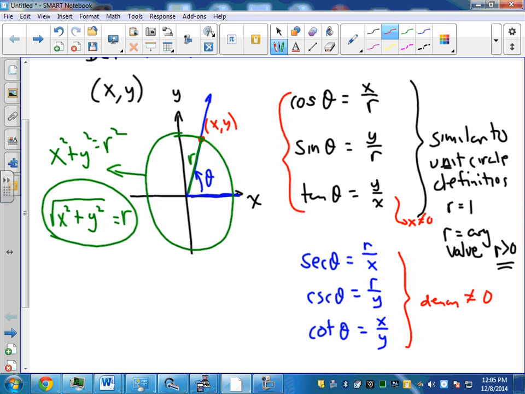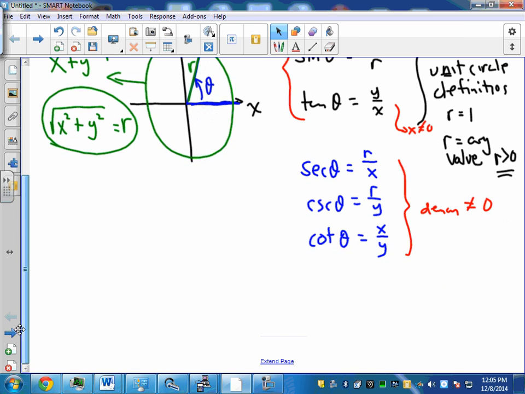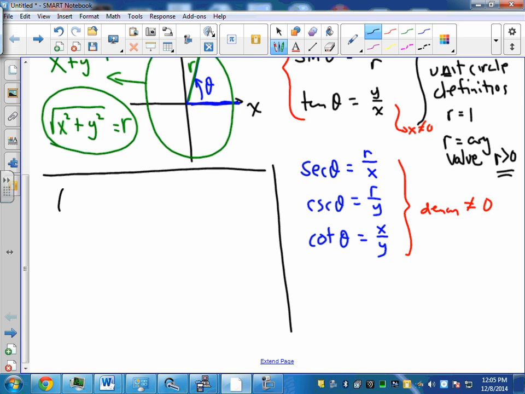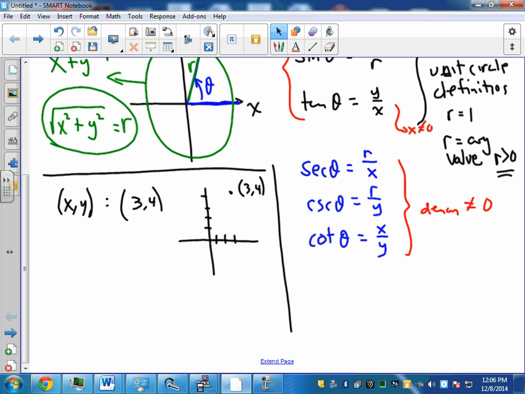Okay, a quick example. We'll sort of throw a little bit of light on this. Let's consider the xy point 3, 4. And a short sketch. So here's our ordered pair, 3, 4, and here's our angle theta in standard position.